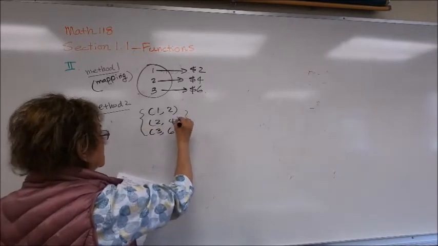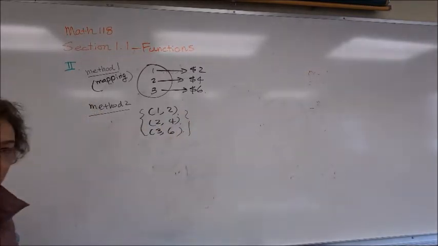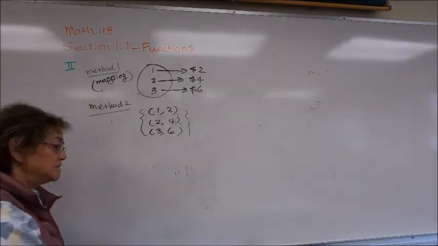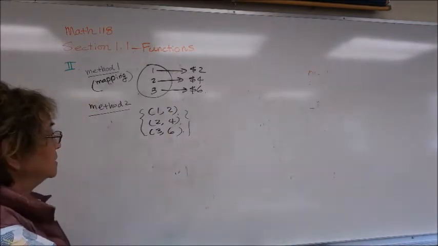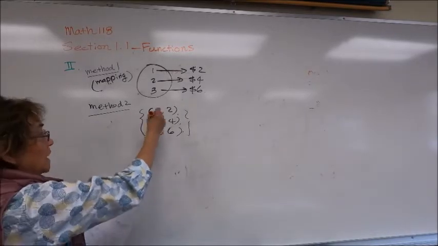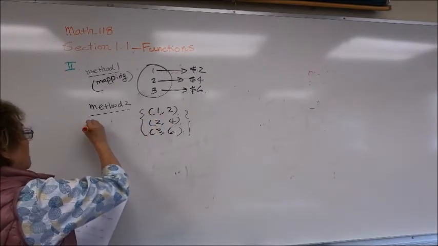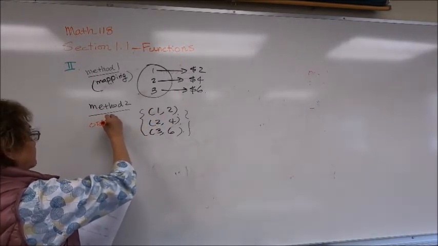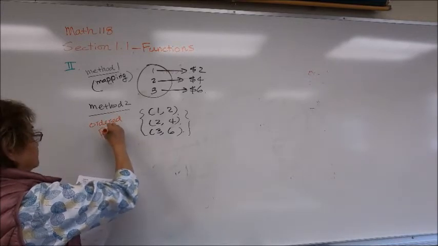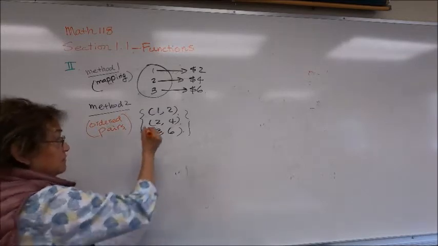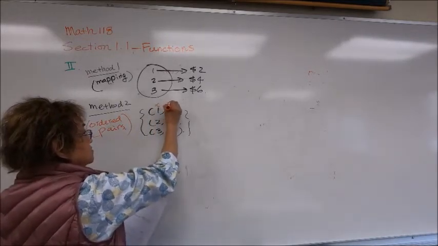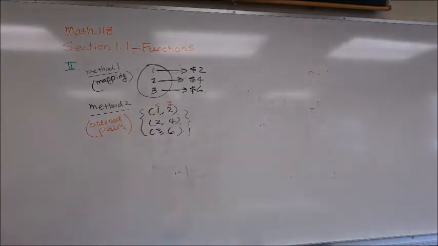Then we put a curly bracket there. The curly bracket is the formal symbol of math. Then we put everything together. You have seen this before. What do we call these? We call them ordered pairs. First one is X, next one is Y.